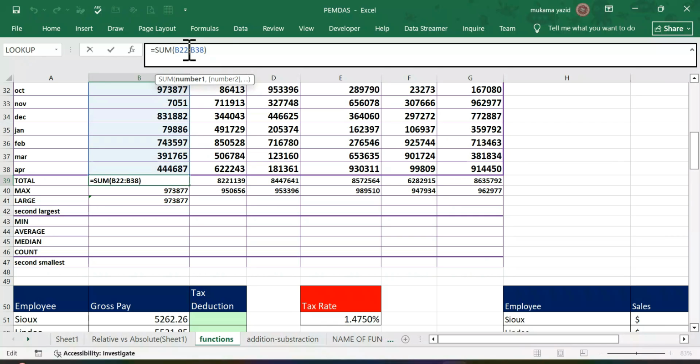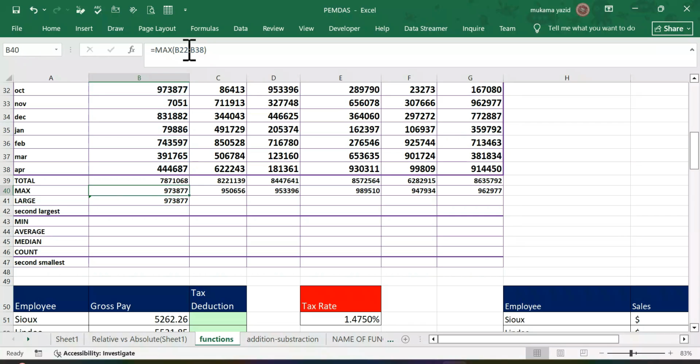I have to edit this formula because I have to get the same answer. Okay, enter. So this is what we are supposed to get. So let us calculate the second largest.